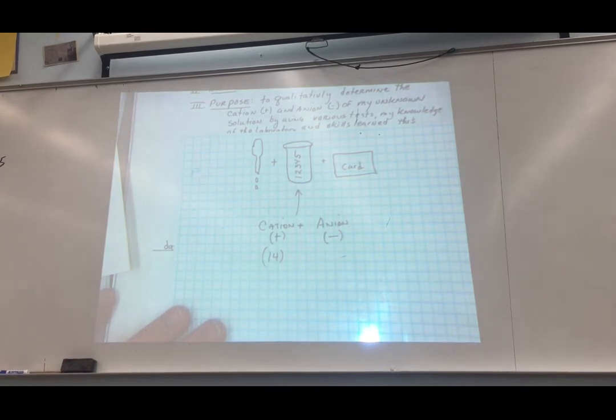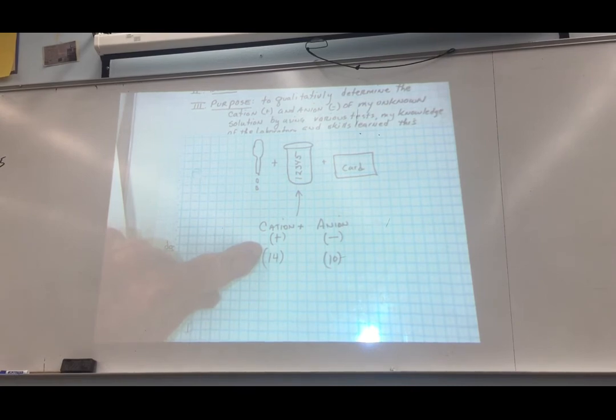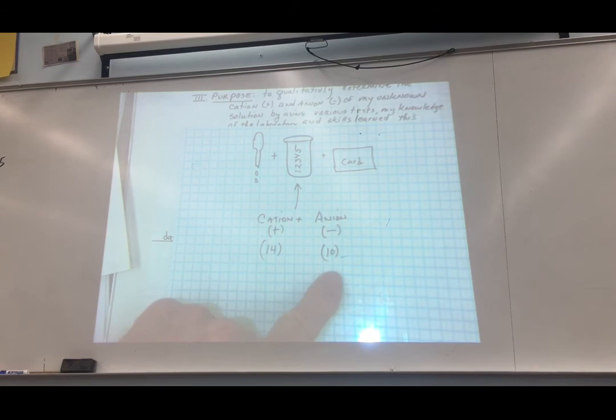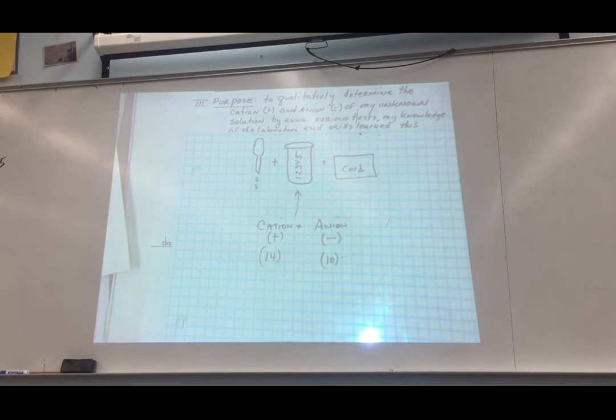There should be how many? 10. You will have one of those cations in your unknown test tube. You'll have one of those anions in the test tube. It could be any combination of them. So nobody in the room will have the same unknown.